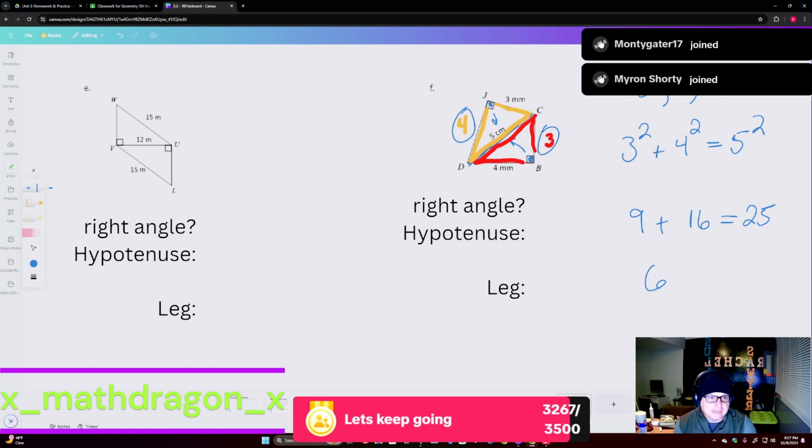What is it? 6, 8, 10. Because 36 plus 64 equals 100. So these are just types of what they call Pythagorean triples. But they're perfect squares with integers. So we don't have any decimals or square roots in it. It's just literally 3, 4, 5, 6, 8, 10. Those are what they consider Pythagorean triples.